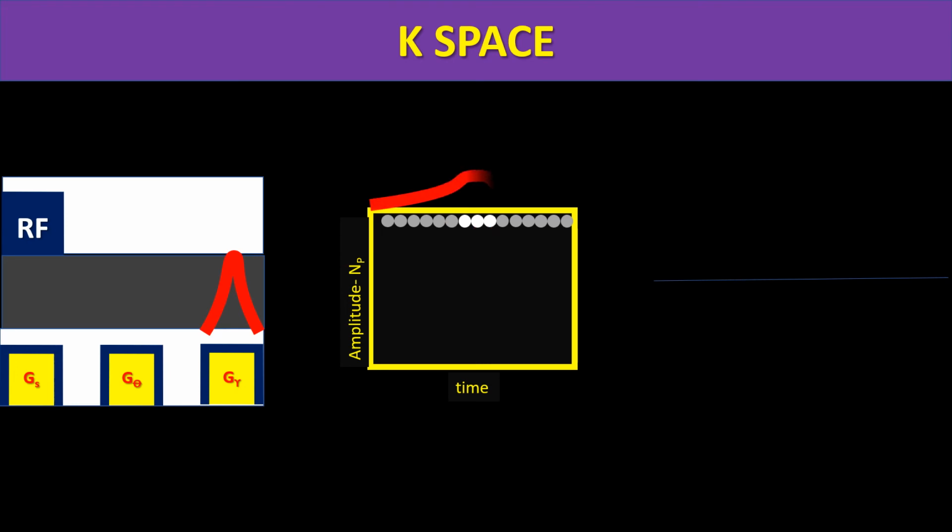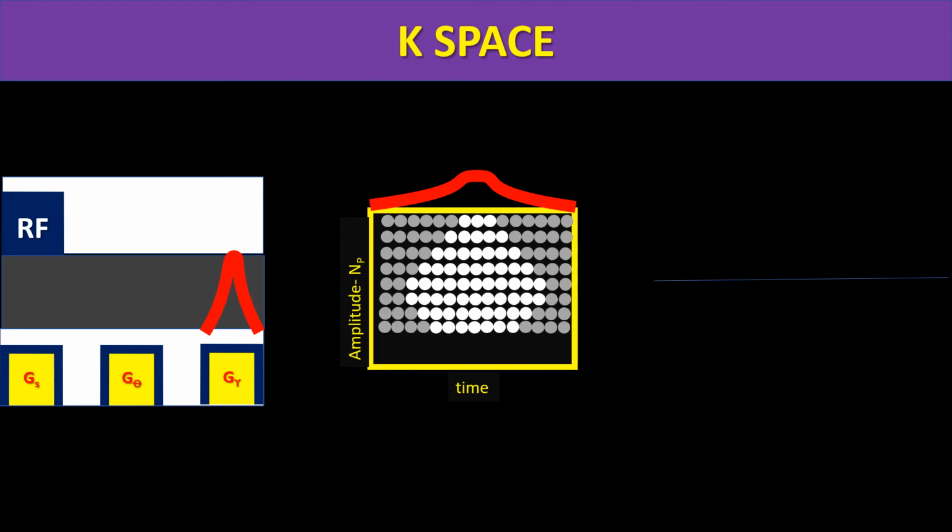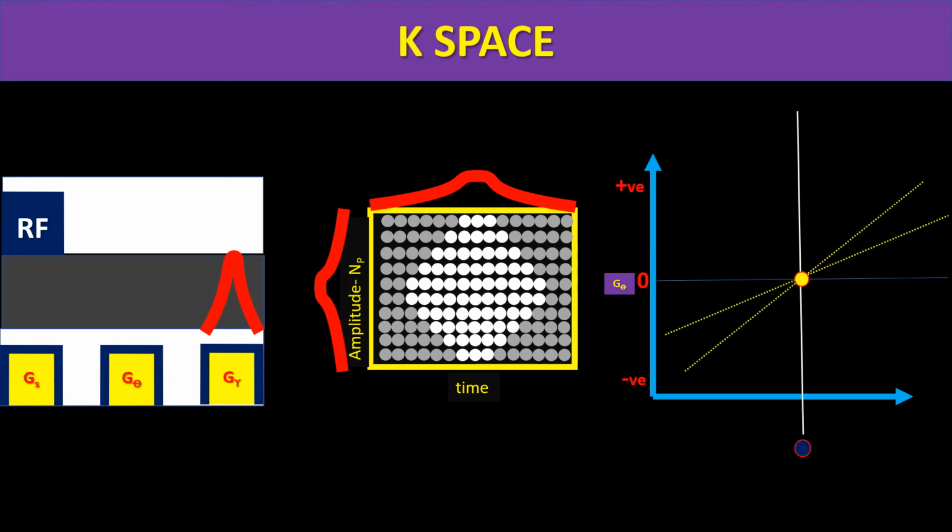This is the one thing that we have to understand: in a K space, if we go from one end to the other end, it is the center of the K space that has the maximum amplitude. Also, in this image, I have shown that if I go from top to bottom, again in the center there is maximum amplitude. This is explained by one more image.